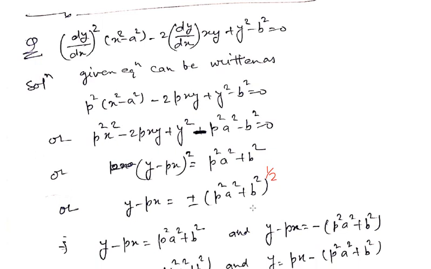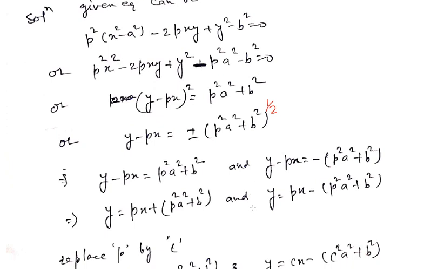So we separate it as y is equal to px plus (p square a square plus b square) raised to power half.